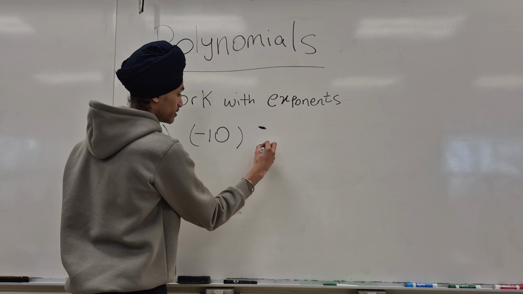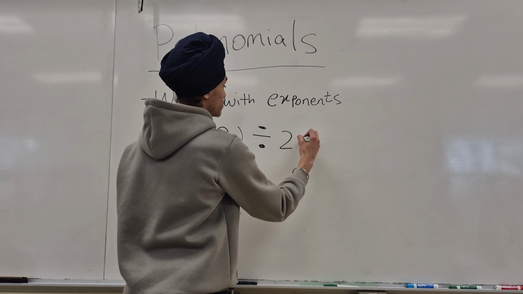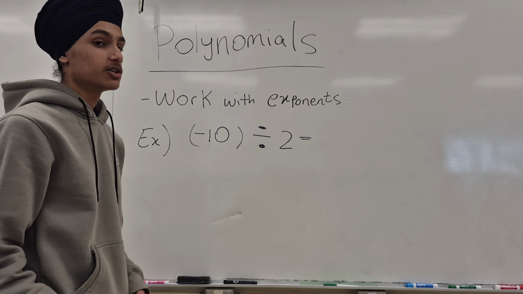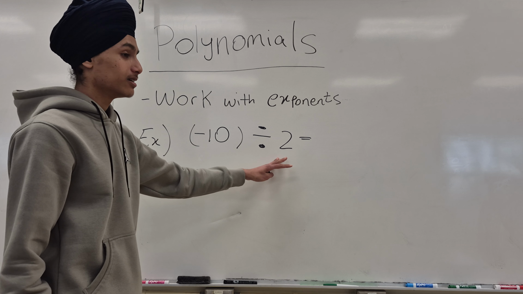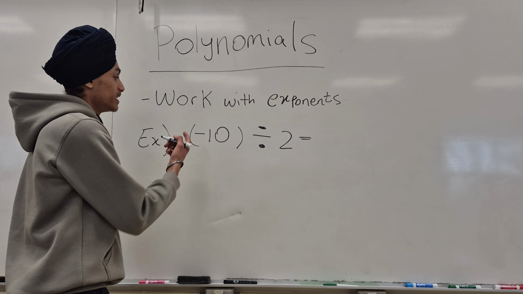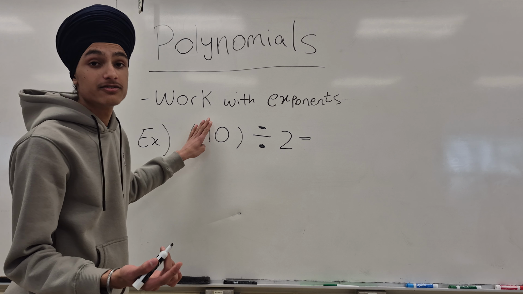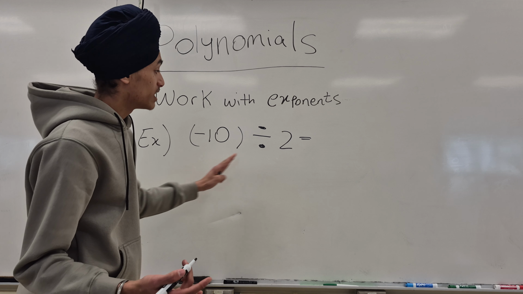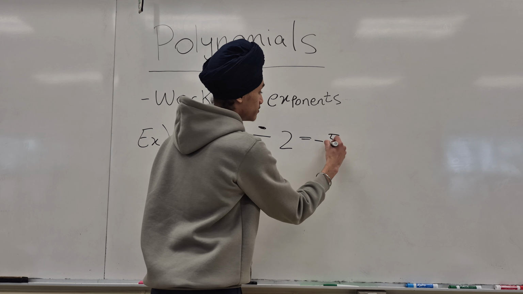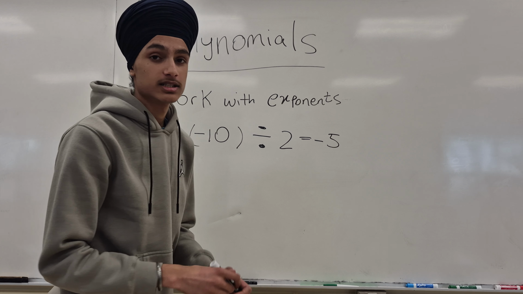Now the answer to this I already know, but if you do it on the calculator, then you understand why a negative and a positive will be negative. So negative 10 divided by 2, if you think about it like a positive 10 divided by 2, that's 5. But since a negative and a positive is always negative, in front of the 5, you're going to add a negative, so negative 5. And you could check on the calculator to verify that this answer is correct.